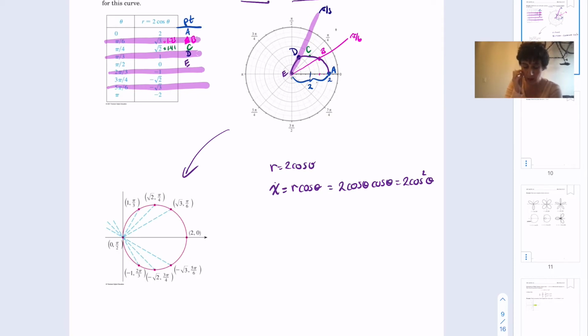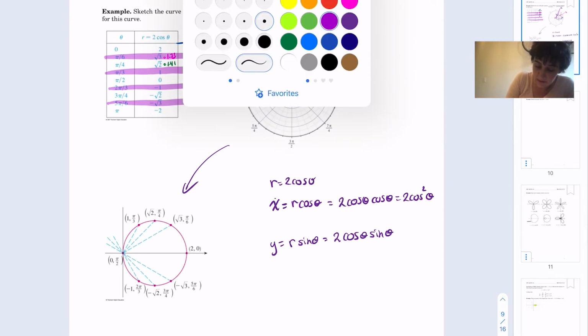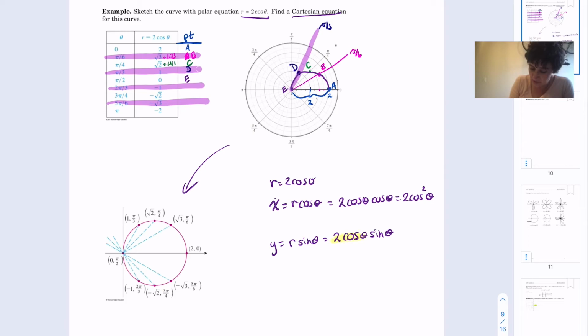I'm going to put a pin in that for the moment. y. What is y? y is r sine theta. And so this is 2 cos theta sine theta. To be very clear, this 2 cos theta is this r and is this r.